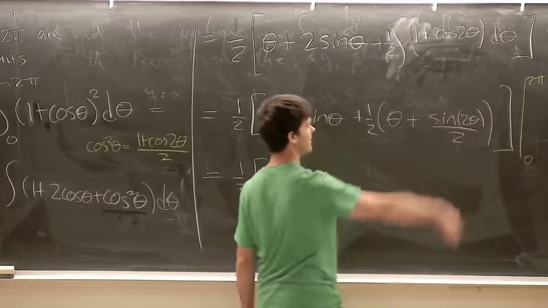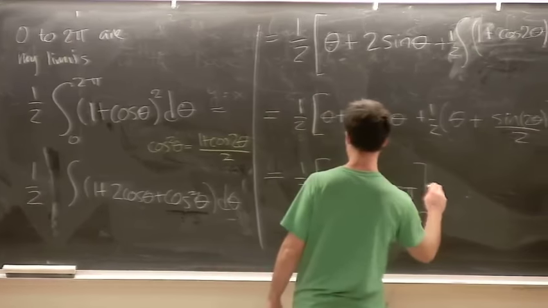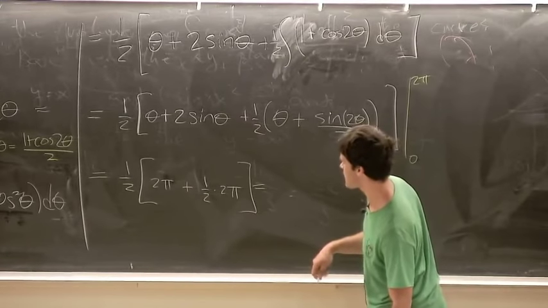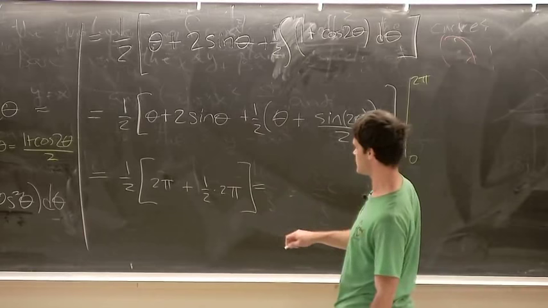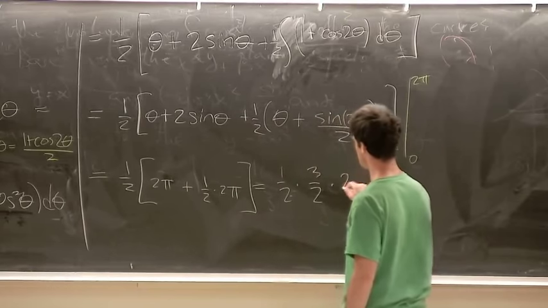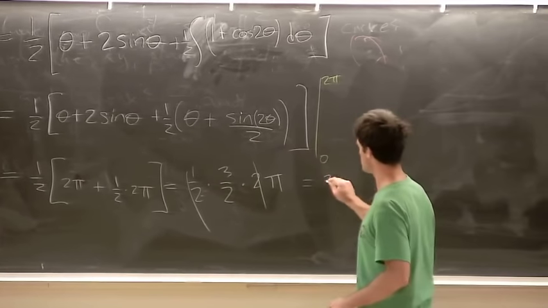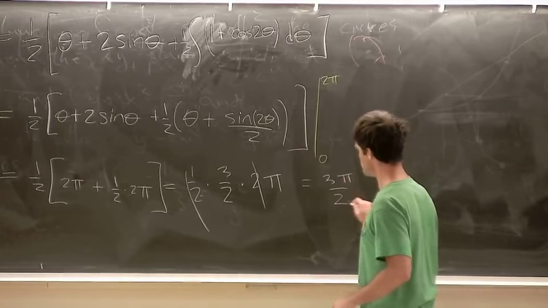Again, sine is 0 at 0 and 4 pi. Okay, it's 3/2 times 2. That's 1/2 times 3/2 times 2 pi. That's 3 pi over 2.